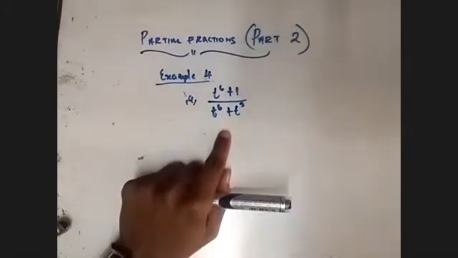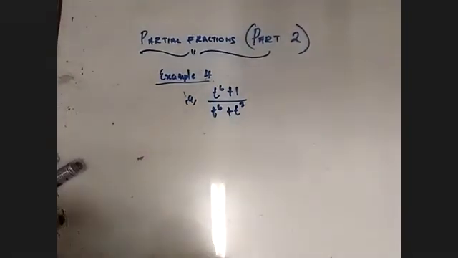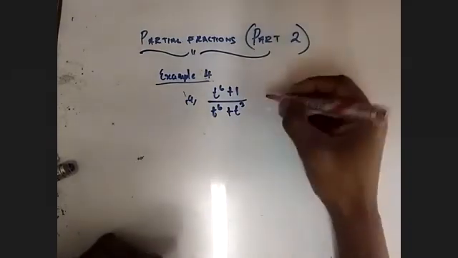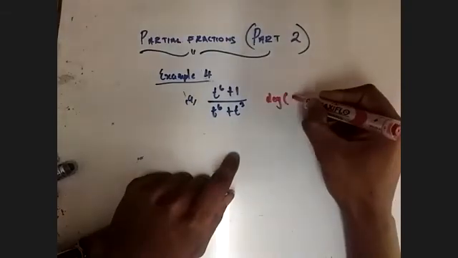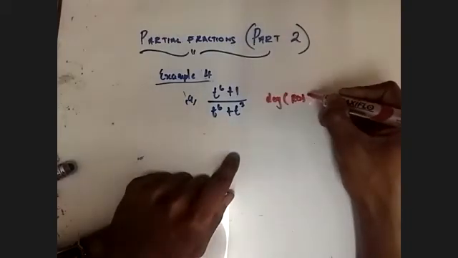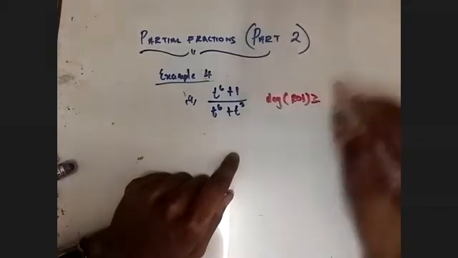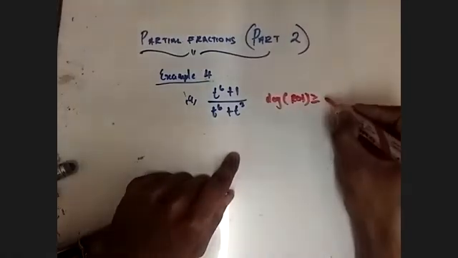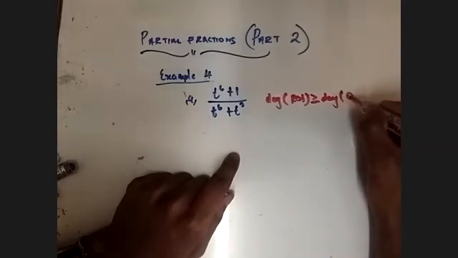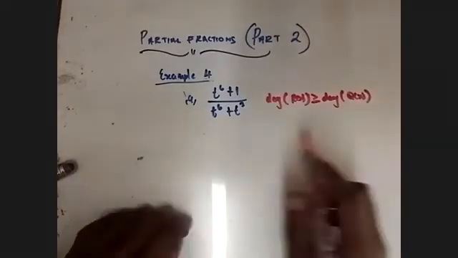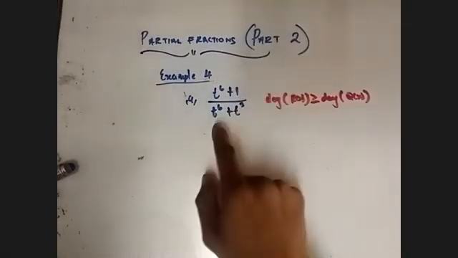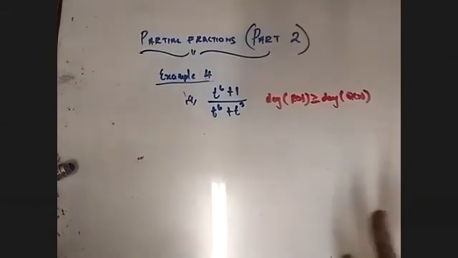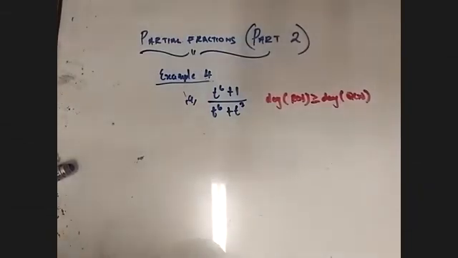Now, do you remember the rule that if and only if the degree of the numerator, P of x, is greater or equal to, and this is very important, the degree of the denominator, Q of x, then we are going to use the long division method. In this case, t to the 6 is equal to t to the 6, and therefore we go straight to the long division method.